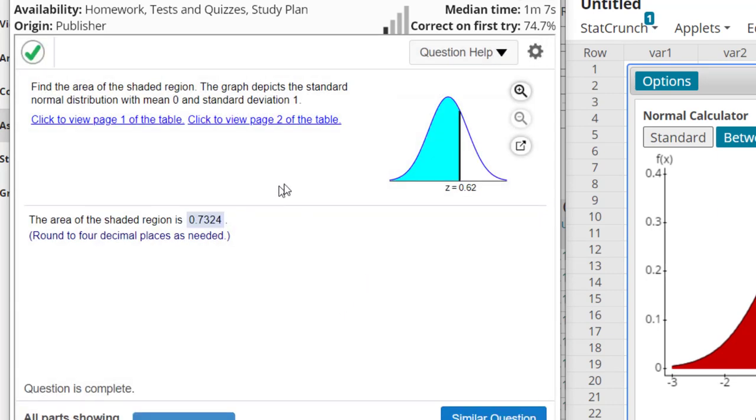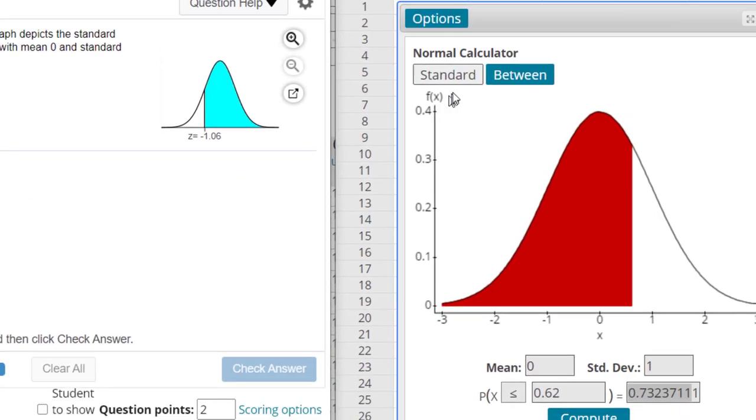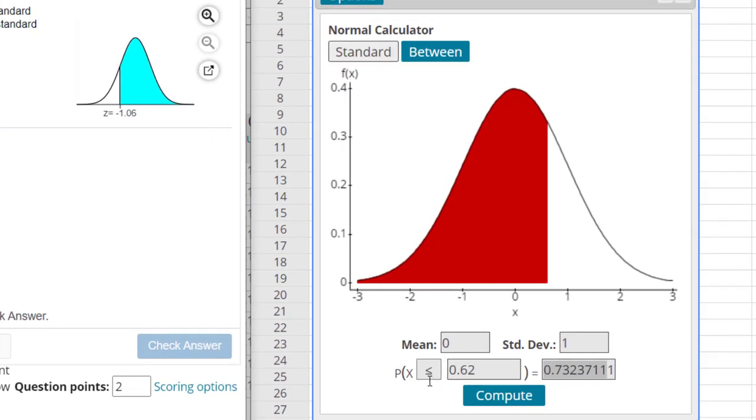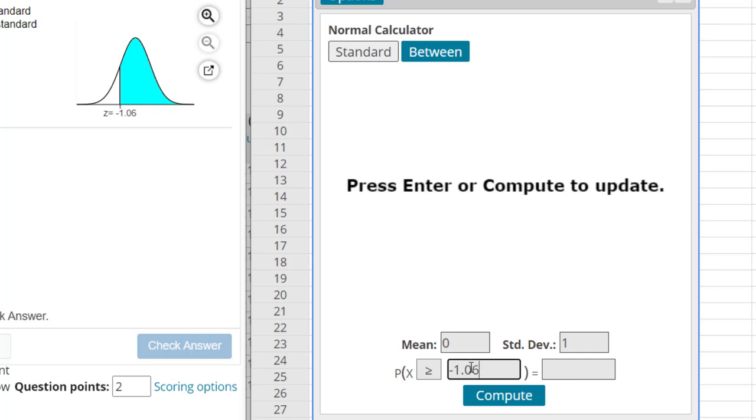Let's do another example problem. So on the next problem, if you look here, we have find the area of the shaded region. This one is mean of 0, standard deviation 1, same thing, except ours is now going to the right. So now we're on standard. We just want to swap our inequality sign to greater than, and then change our number to negative 1.06, just like the problem has.